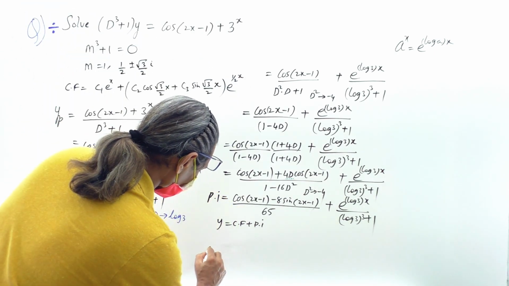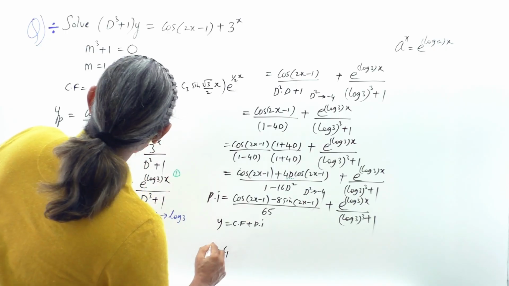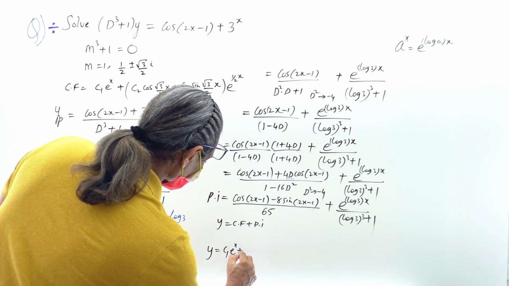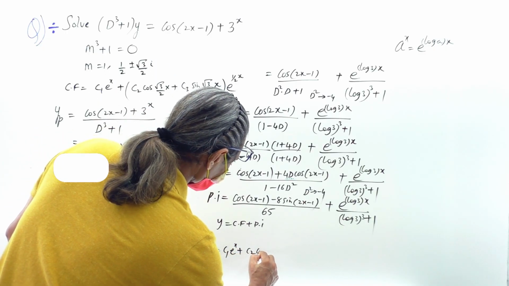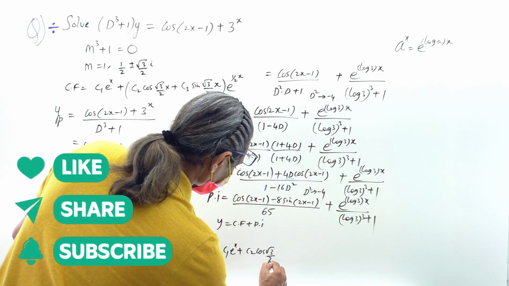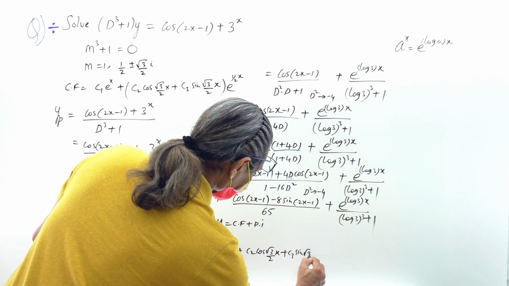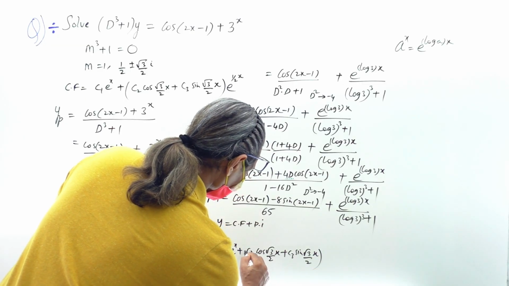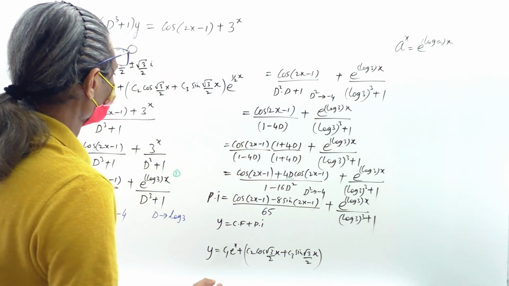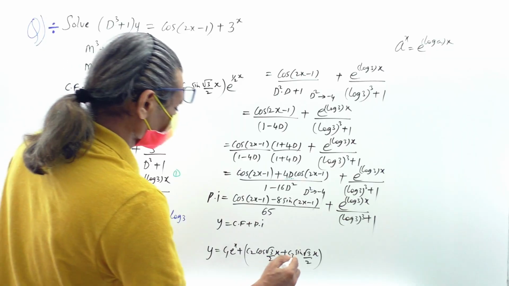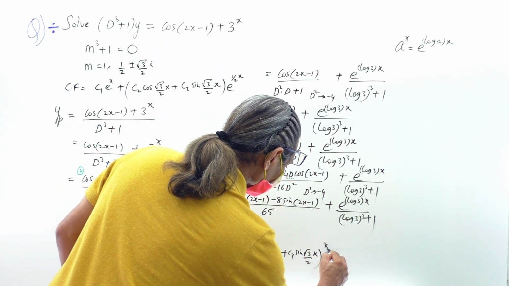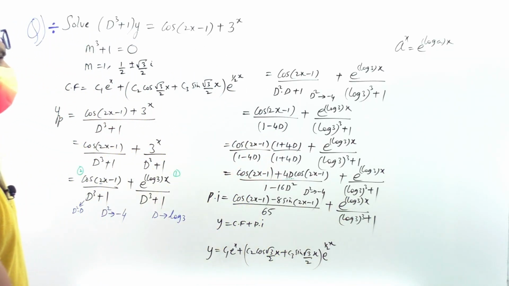So the solution y is equal to C1 e raised to x plus, please complete the solution, C2 cos of root 3 by 2 x plus C3 sin of root 3 by 2 x, into e raised to 1 by 2 x, fine.